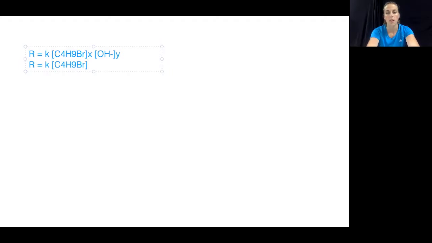Okay, now I know X, so let's work on Y. Looks like trial 1 and 3, because in 1 and 3, you'll notice C4H9Br is 0.10 in both. It's staying the same, but OH is going from 0.1 to 0.2.